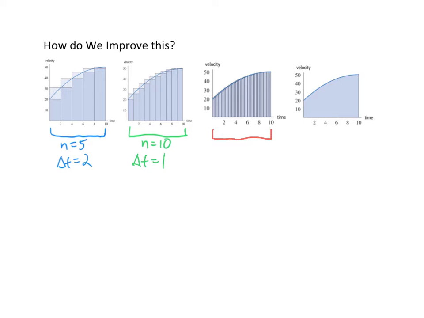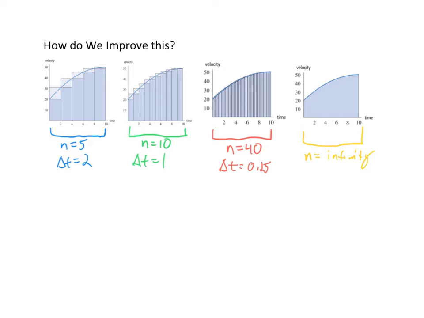In this example here, this is actually 40 total subdivisions. If you divided 10 seconds up into 40 subdivisions, delta t would be 0.25. And so what we want to do is continue to add subdivisions until we reach this last example. This would actually be n equals infinity.